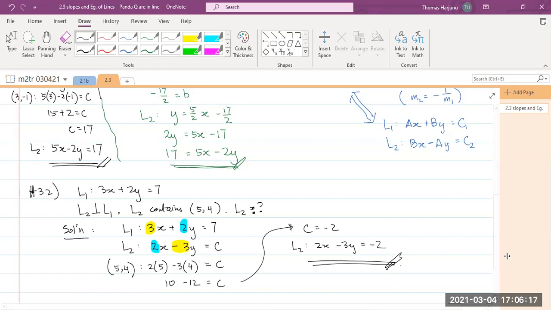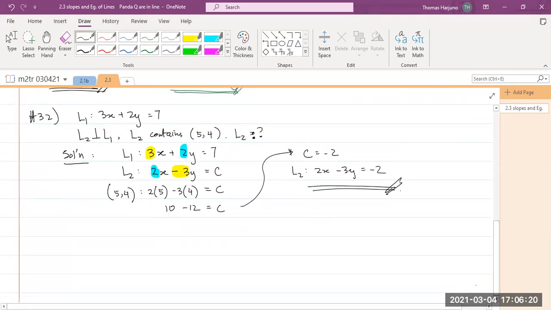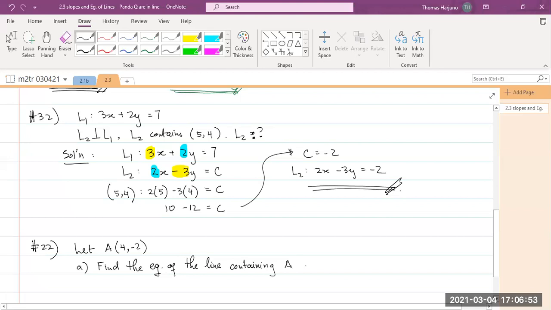Okay, and next, some Mickey Mouse questions, for example, number 22. Let coordinate A be 4, comma, -2. Part A, find the equation of the line containing A and parallel to the x-axis.